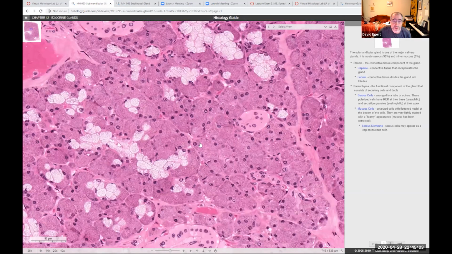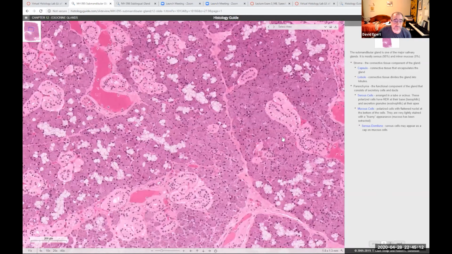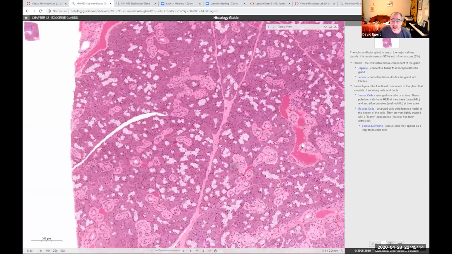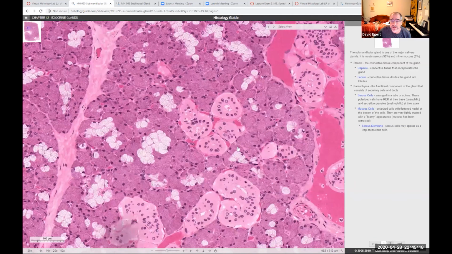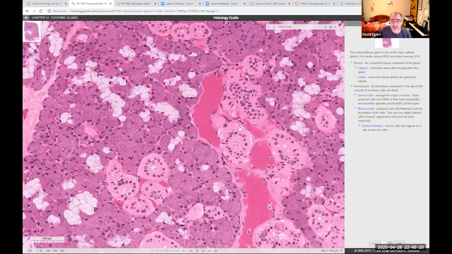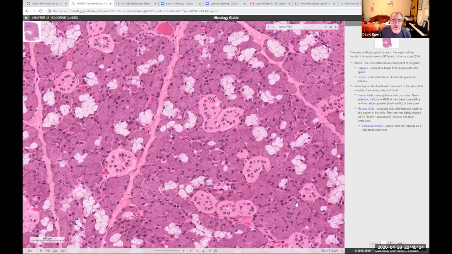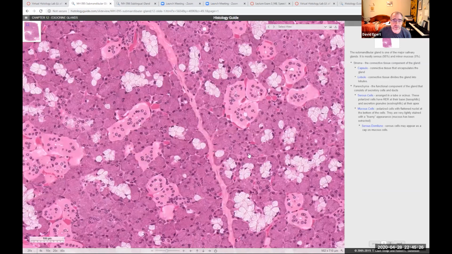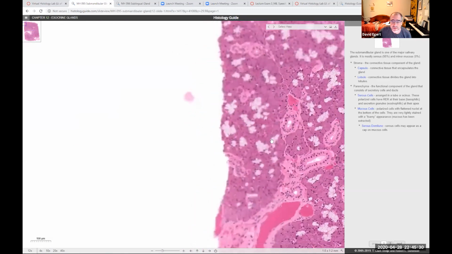But if you look around, it's kind of a mix. There's serous cells, there's mucus cells, so it's kind of a mix. And again, lots of ducts. And again, this one is not stained so well. So the ducts are kind of distorted. I don't like this slide that much. Here you can see the duct.